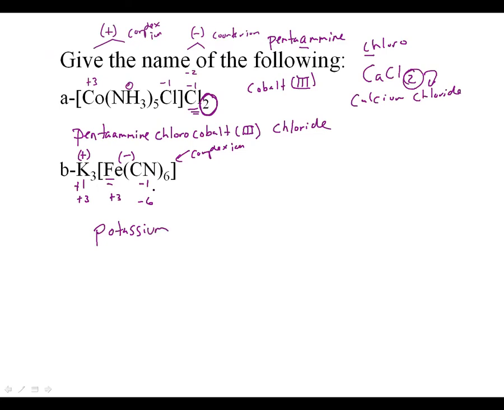And here we have 6 cyanides, so hexa, cyano. Here again, the complex ion is negative, so we're going to use the older way of naming it, which is ferrate. We're also going to include the Roman numeral, which is 3. So this is going to be potassium hexacyanoferrate(III). Question on that name there?